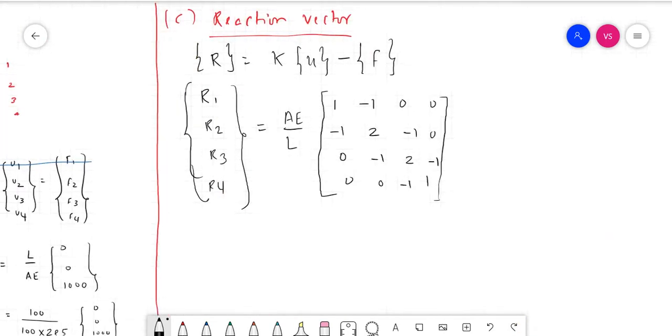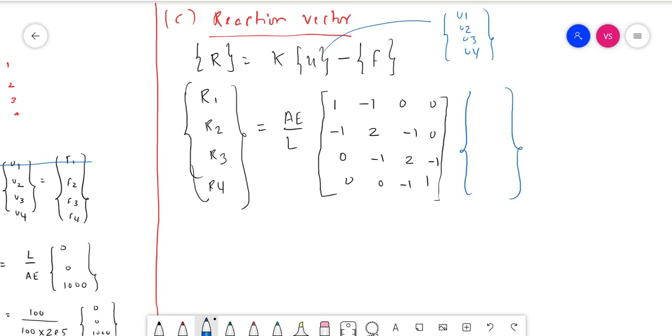But what is this U? This U is nothing but U1, U2, U3, U4. We have these numbers here. U1 is 0, U2 is 0.005, this is 0.01, this is 0.015.